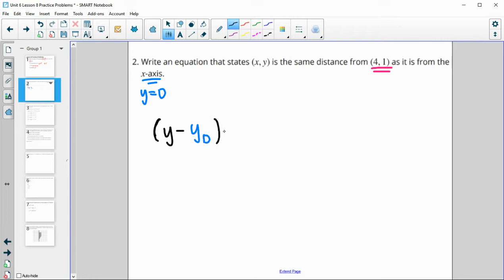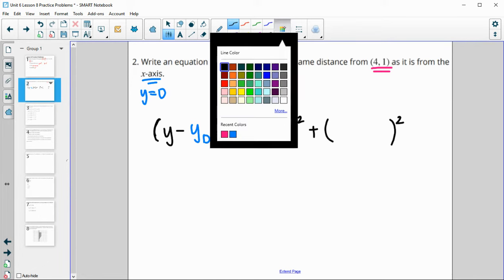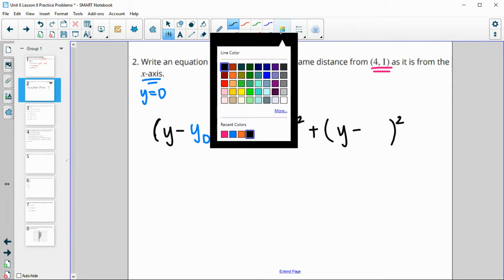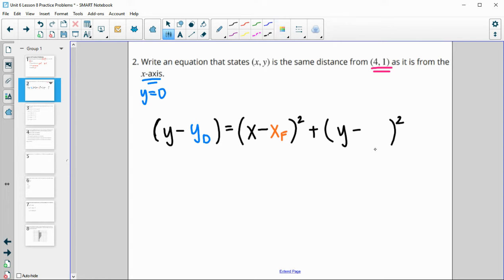That'll be our distance to our directrix. And then we will do the Pythagorean theorem to figure out how far the point is from the focus. This will be x minus the x coordinate of your focus, and then y minus the y coordinate of your focus.